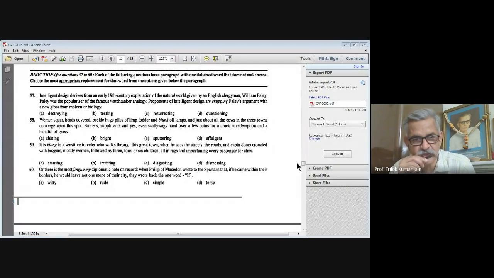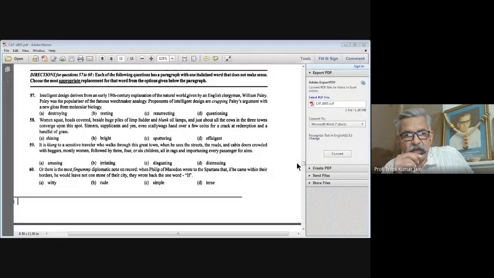So next, 60th question. There is the most diplomatic note on record when Philip of Macedon wrote to the Spartans that if he came within their borders, he would leave not one stone of their city.